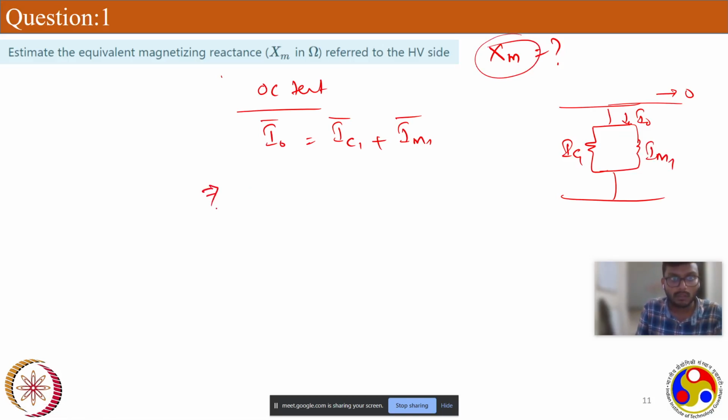Now we know I0 and IC1. So we just have to find the IC1 first.